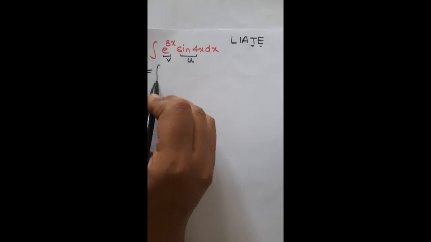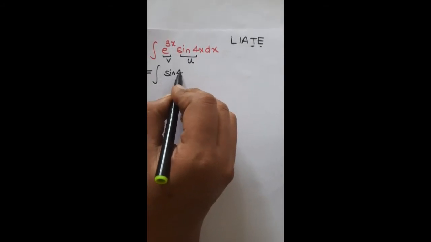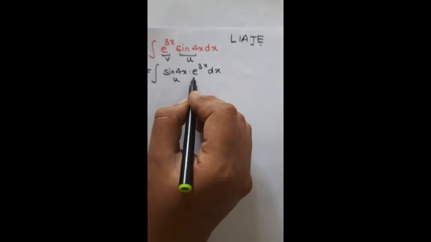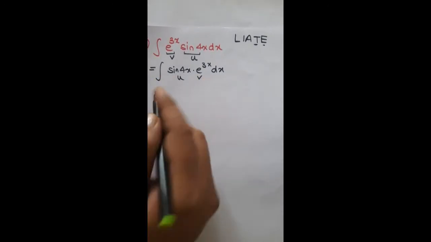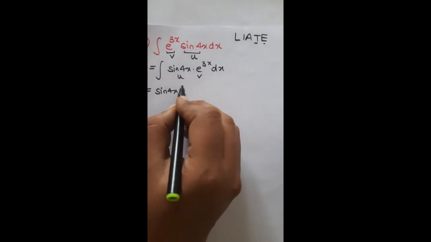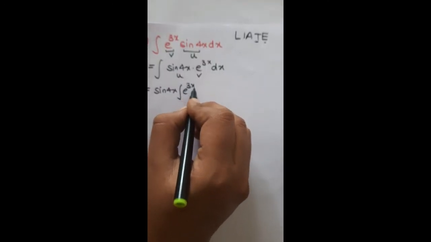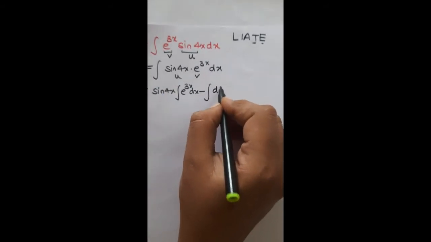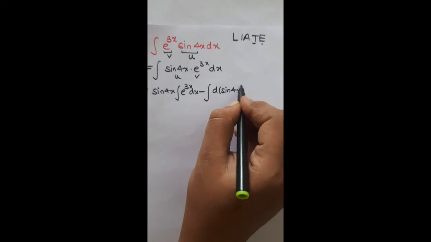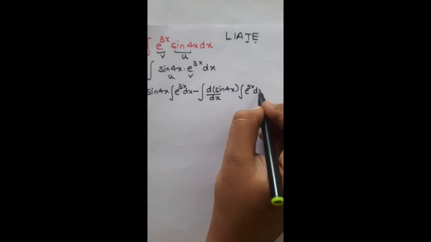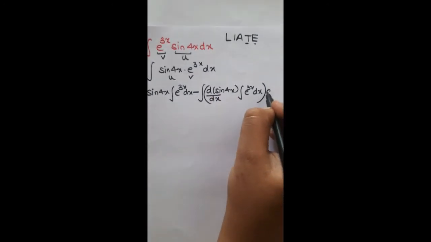So I can write this as sin 4x into e raised to power 3x dx. This is u and this is v. And follow the rule which says keep the first function as it is, integrate the second function, minus integration, differentiate the first function, integrate the second function, and then integrate its product.